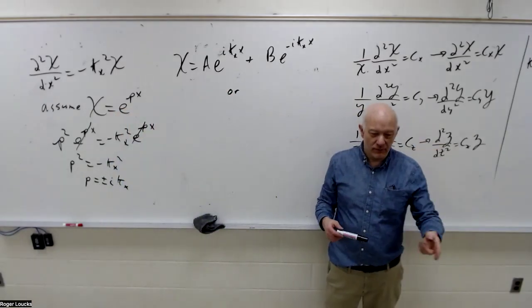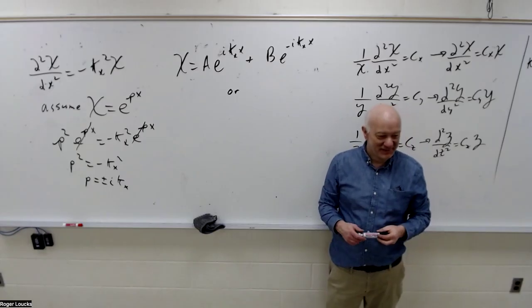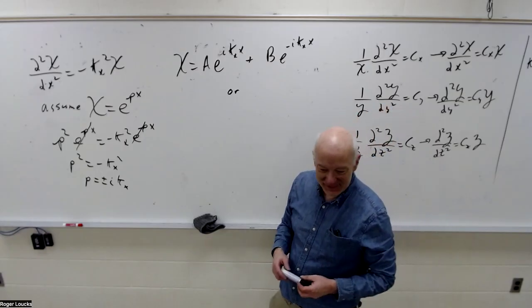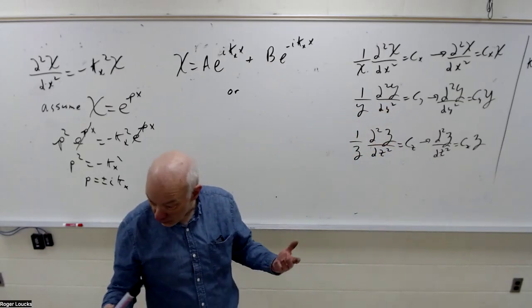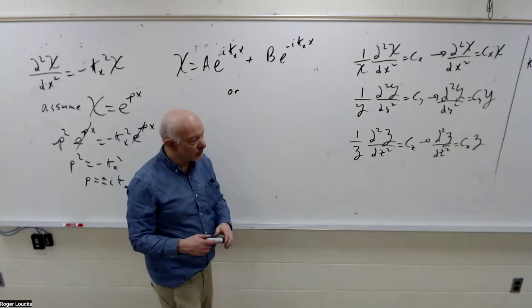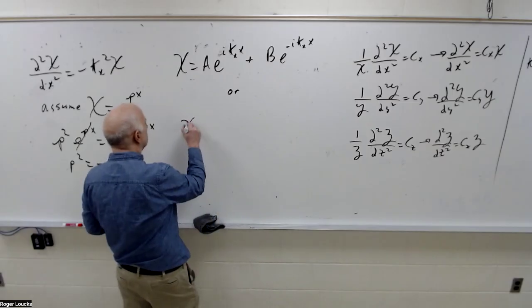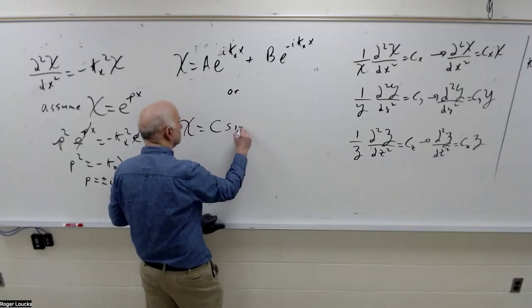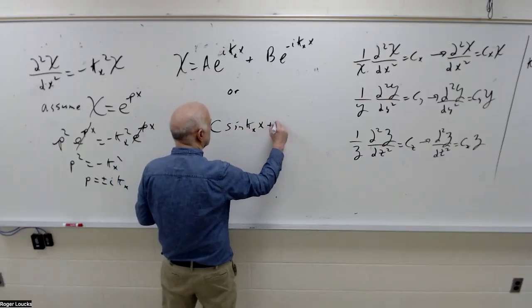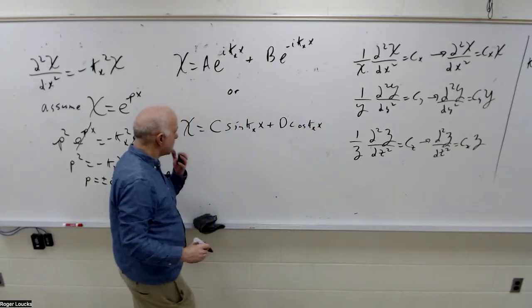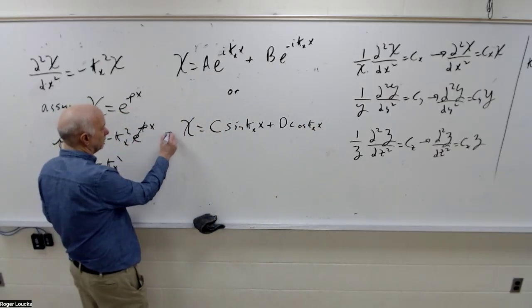Sines and cosines. What's that relationship called? Euler, yeah, exactly. It would be the Euler relation. So I put the Euler relationship in here and here, and I collect all the sines and cosines. So another way I can write this is some C sine kx x plus some D cosine kx x. And this is the form we're going to use for this.